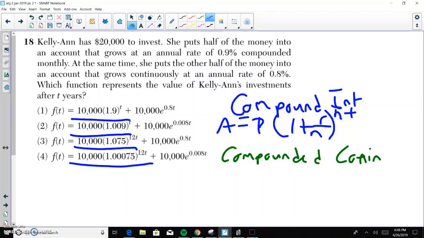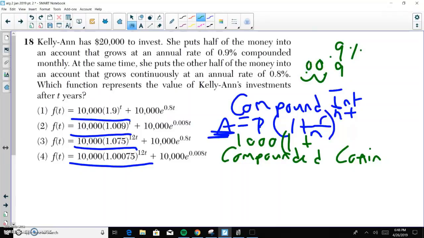So the A stands for the total amount. P is the principal amount. So the principal amount in this case is 10,000 because she's putting half of it in this account. And then the rate is going to be 0.9%, which as a decimal is 0.009.